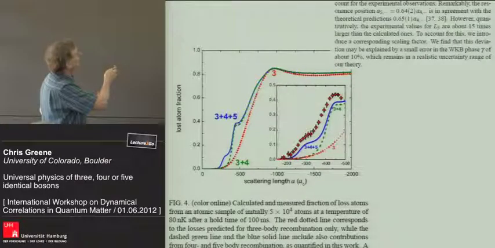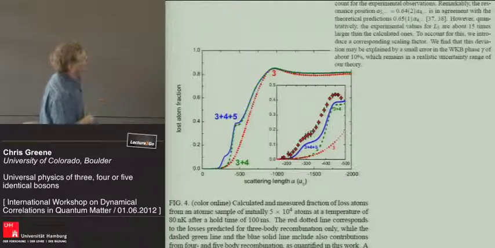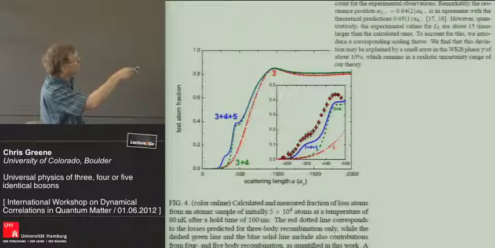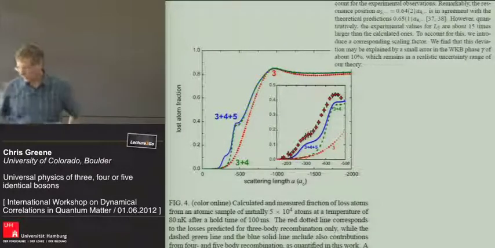When you really look at the loss versus scattering length, you see again the 3-body resonance, the 4-body resonance, and the 5-body resonance. No, I'm sorry, that's the 4-body, this is the 5-body. Maybe that's the 6-body, but they aren't claiming that yet.